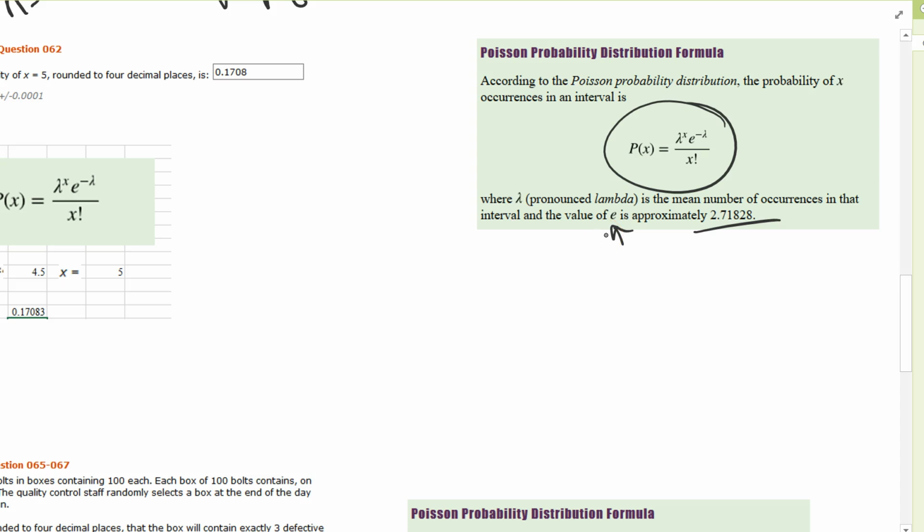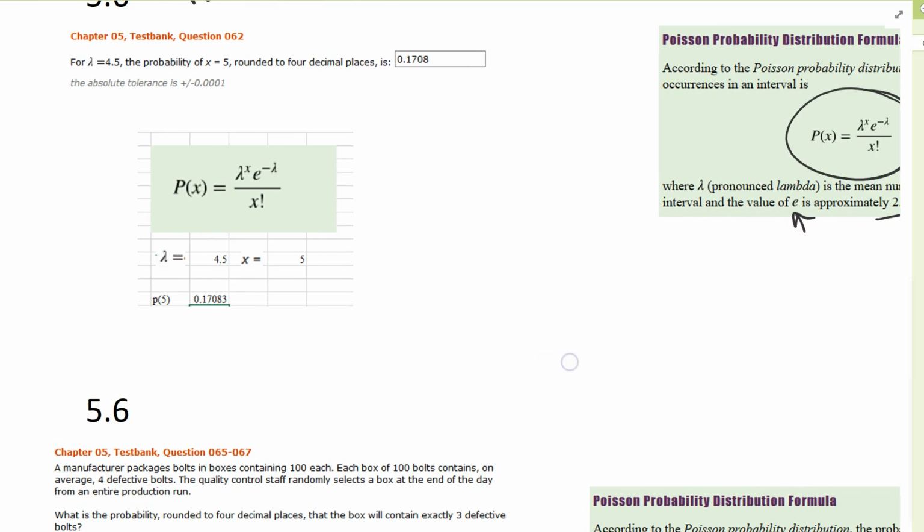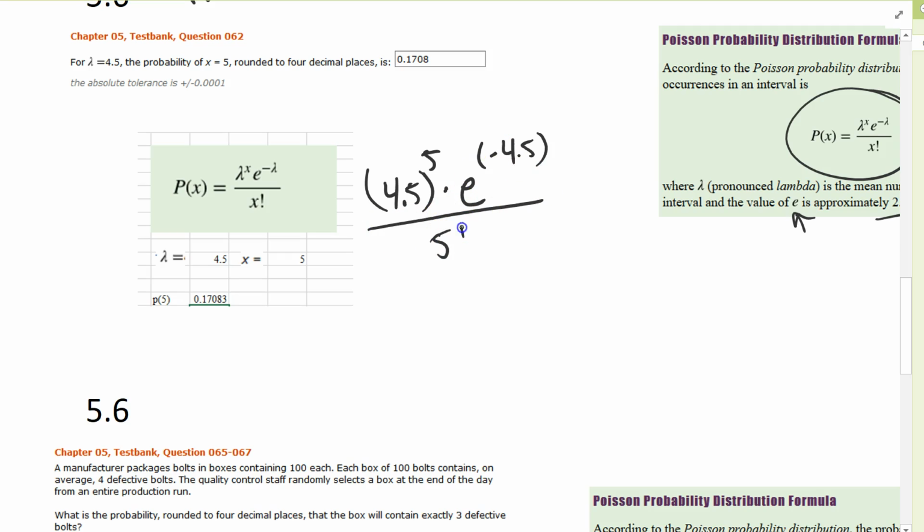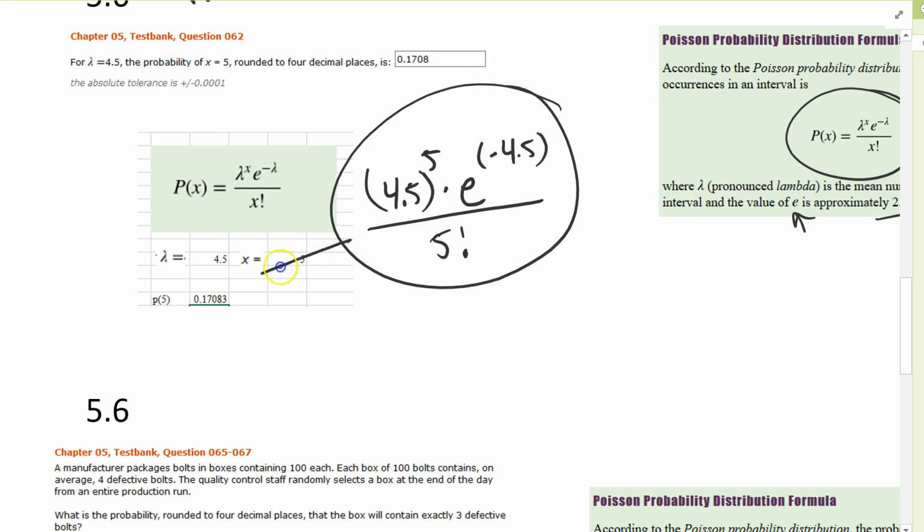Most of your calculators have an e button. So on this one, we're taking 4.5 to the 5th power times e to the minus 4.5 power divided by 5 factorial. Plug that in, you should get 0.17083, round to 4 decimal places, and you get the answer. So that's just plugging in that formula.